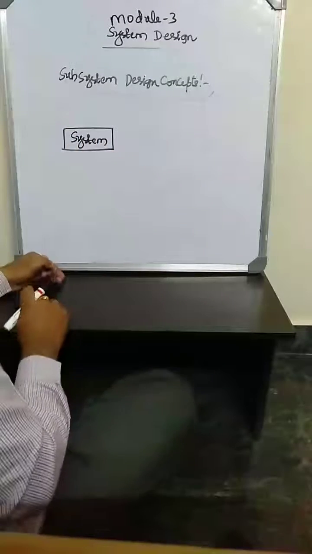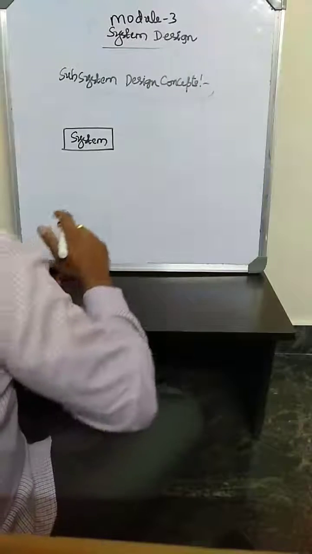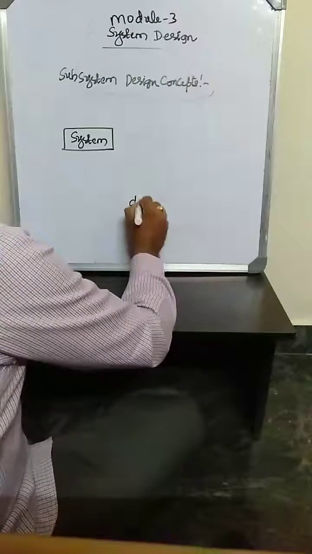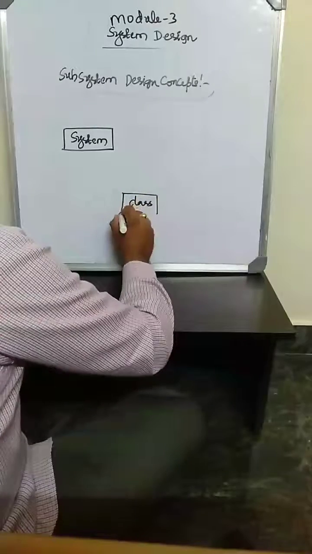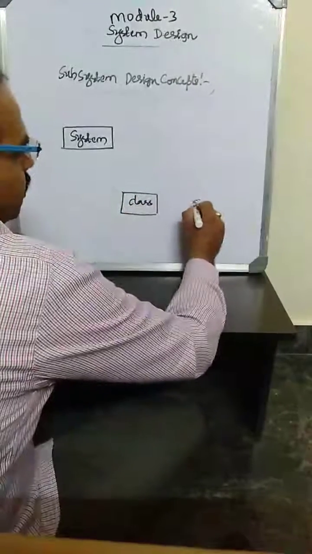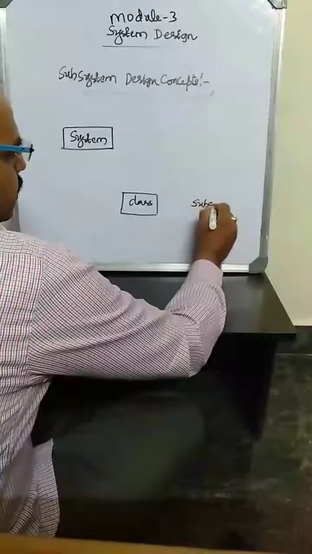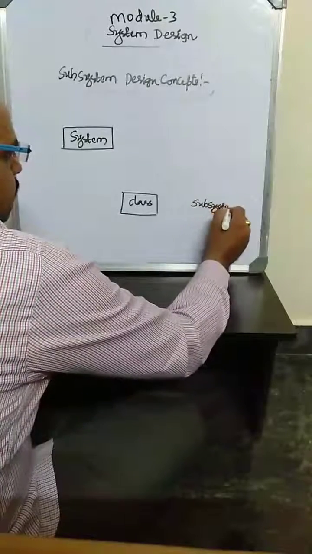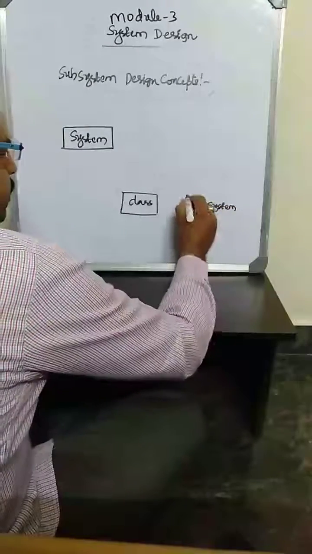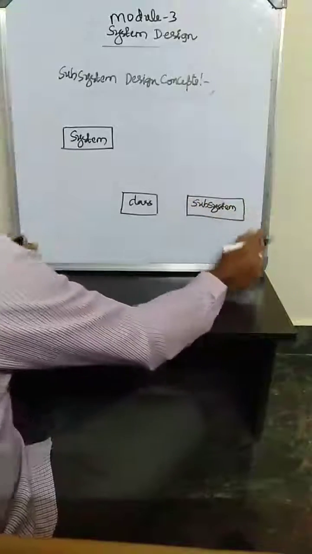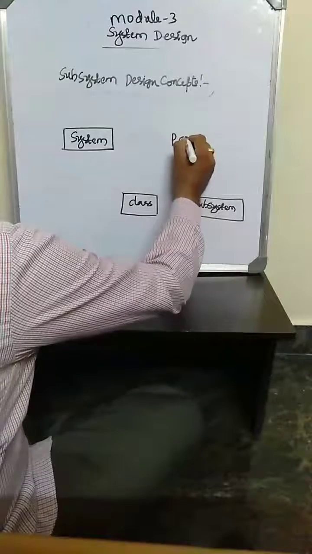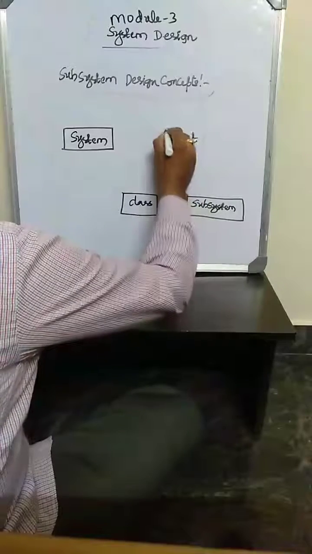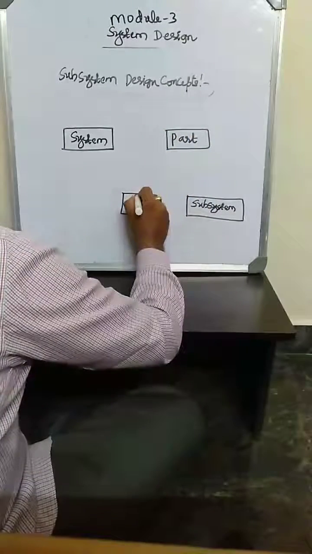We have a system, and then we have a class here, and we have a subsystem here. These two are being associated with a part.